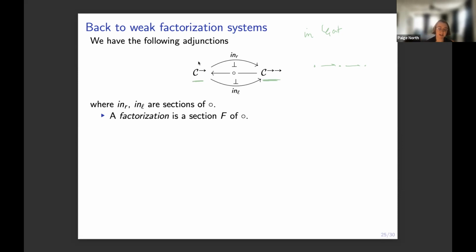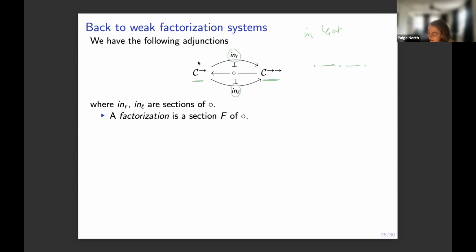And then we could put accents on that, and that becomes a weak factorization system, and maybe even an algebraic weak factorization system. But we also have these two other functors that are going to play a role in our story of relative monads, which are in right and in left, I guess I'm calling them.